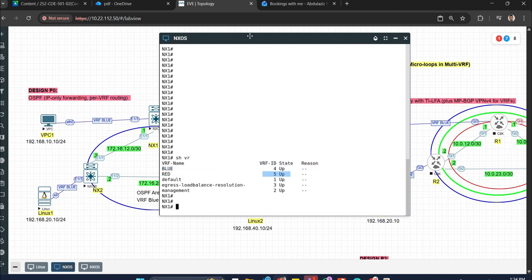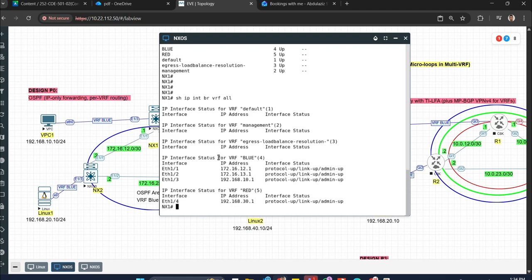They are currently up, and we can also show the interface status between the VRFs with show ip interface brief vrf all. As you may see, there are two VRF IDs, and each VRF has different interfaces, so they will not conflict.